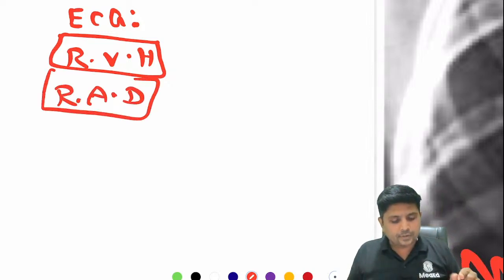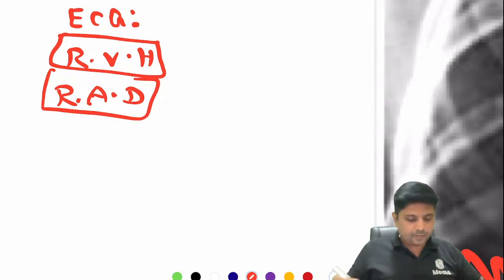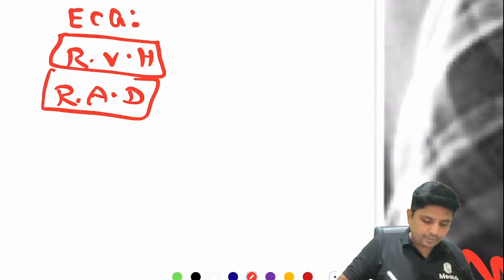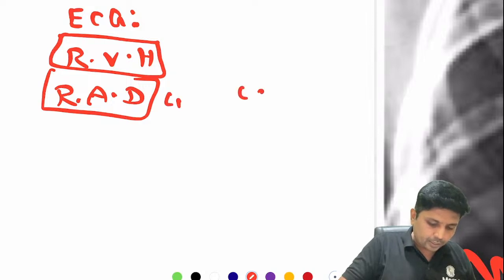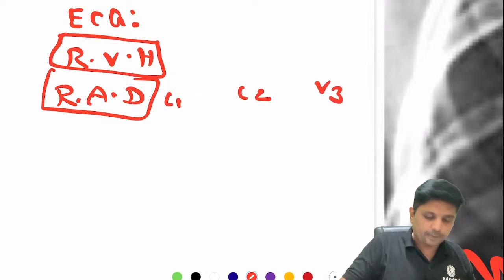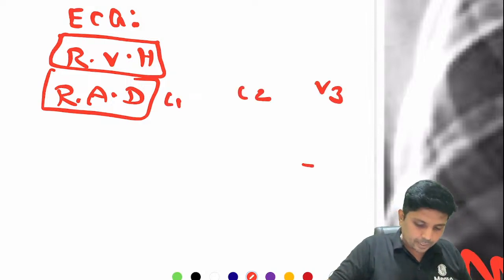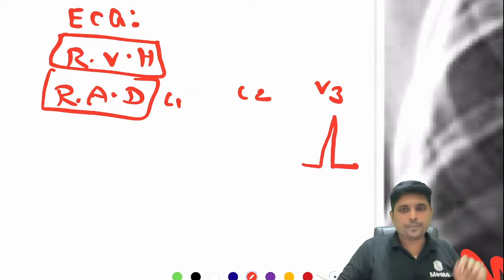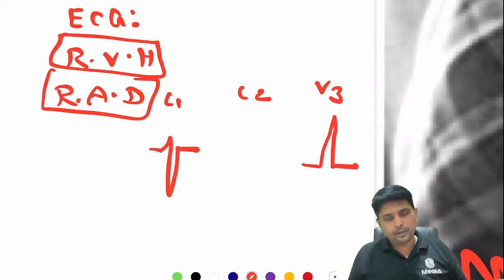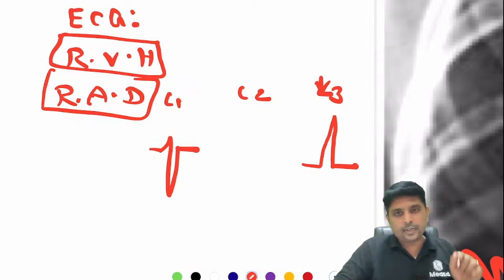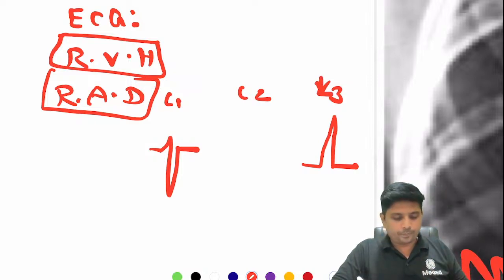So, what do you mean by right axis deviation? As I told you already, you have lead 1, lead 2, lead 3. Right axis deviation means deep S wave in lead 1, tall R wave in lead 3.